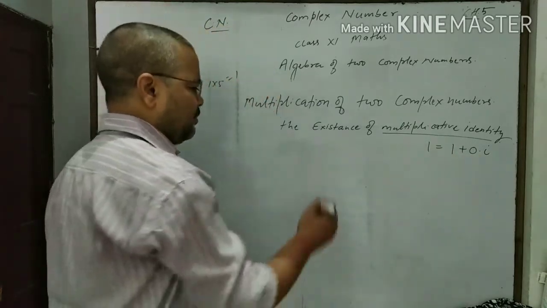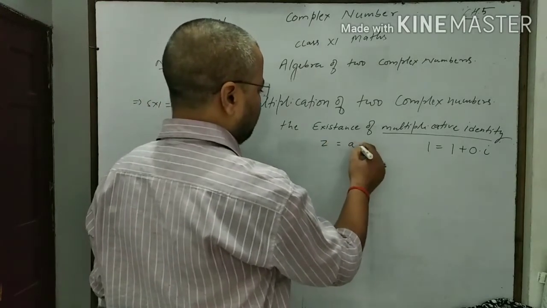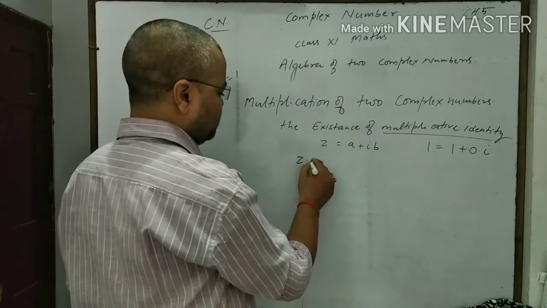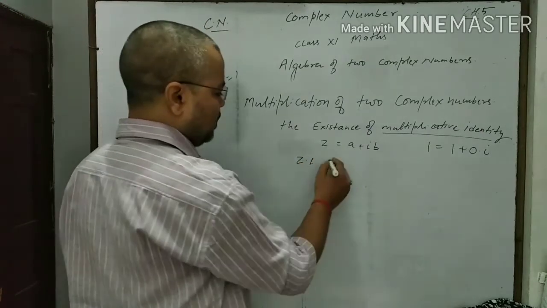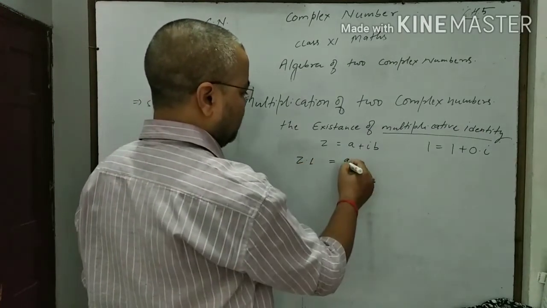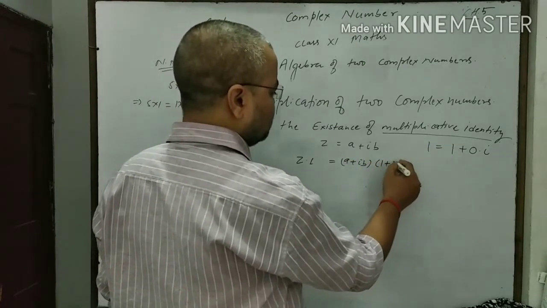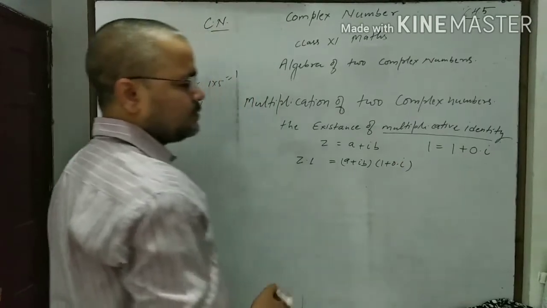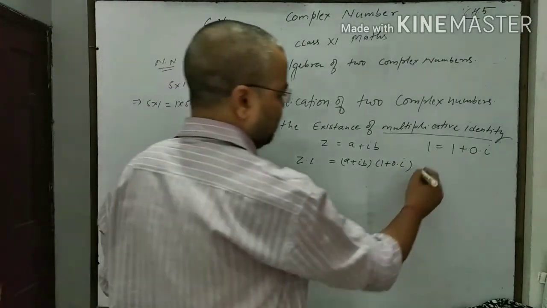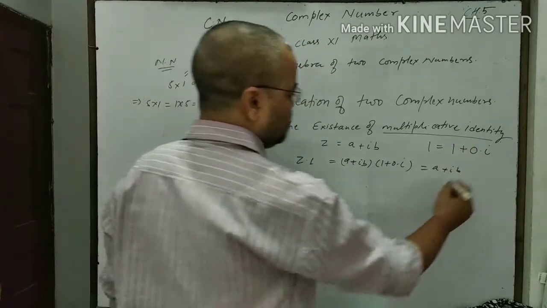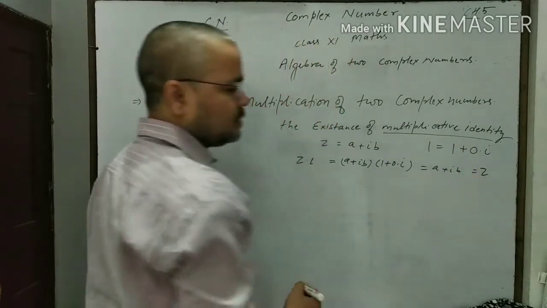Now let a complex number z be a plus ib. If we multiply z by this 1, we get a plus ib into 1 plus 0i. After calculation, its value will be a plus ib, which is equal to z.